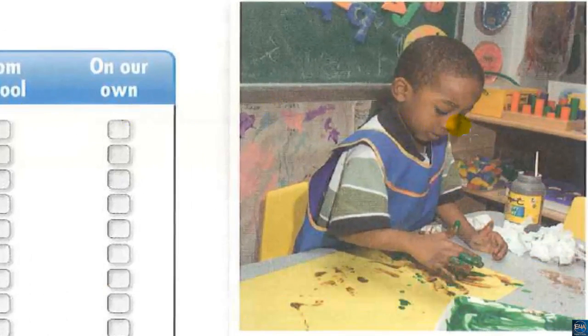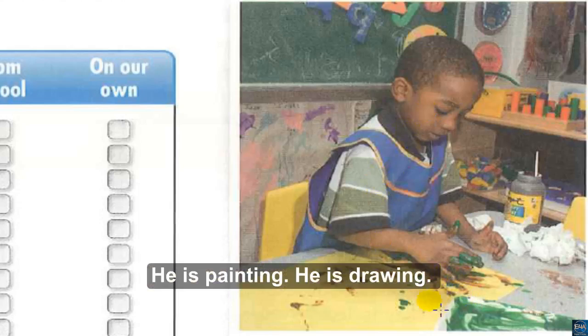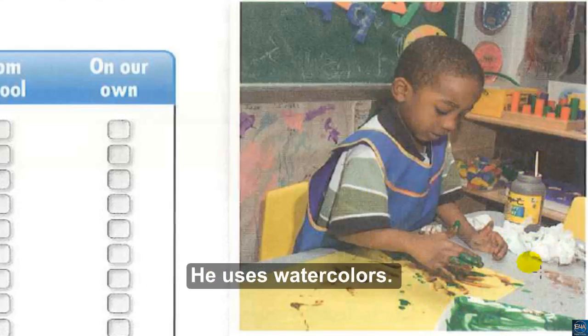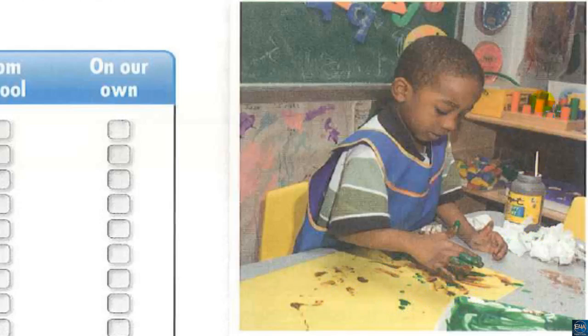Now, look at the picture here. What do you see? The child. And the child is about 4 or 5 years old. He's painting, he's drawing something, but maybe he uses watercolors. So he's painting a picture. You have here different colors.